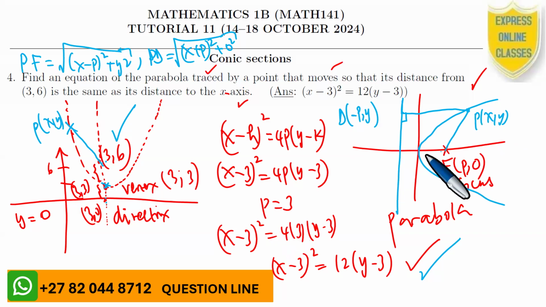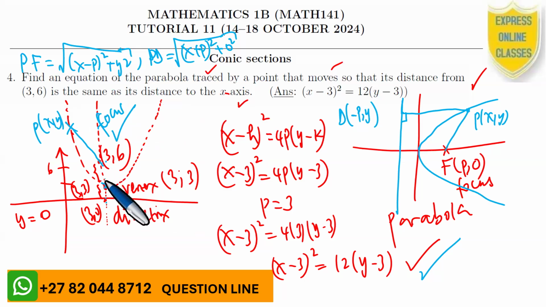So if we then say the point P is moving, but by moving it, it is tracing the shape. And so we're saying, using the words of the examiner, its distance from 3, 6, which is its distance from what we call the focus, is the same as its distance to the x-axis.